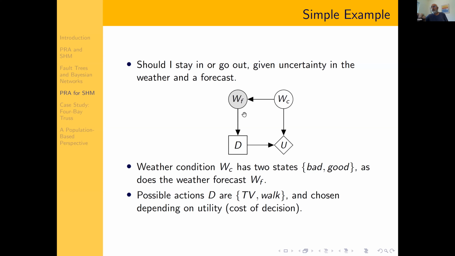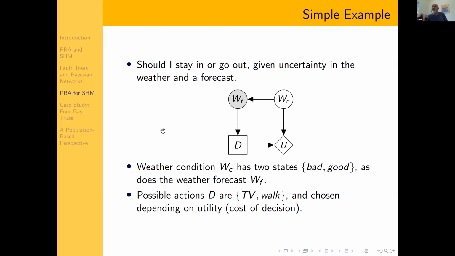So if the forecast is good, my decision will be go for a walk. Now, if I go for a walk and the weather is actually bad, I'll get negative utility. I'll get wet. I'll be miserable. If the weather is good and I go for a walk, I'll be really happy. Positive utility. If the weather's bad and I decide to watch the television, positive utility, and so on.